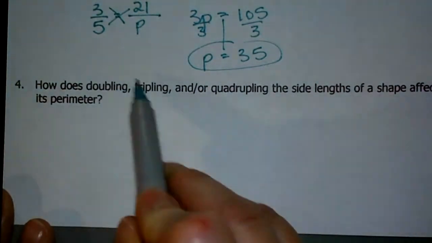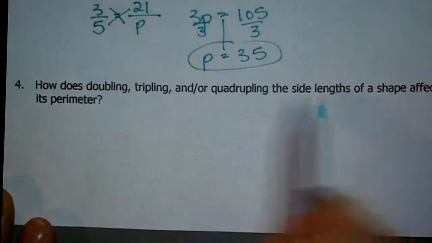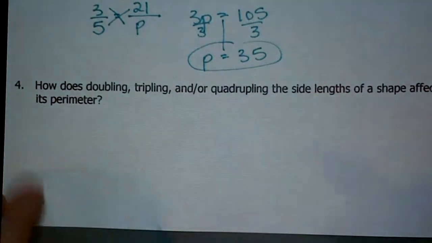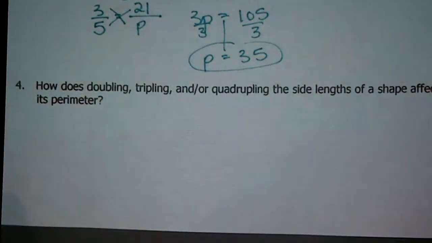So if I double or triple or quadruple the side lengths of a shape, it's going to double, triple, or quadruple the side lengths of the other shape.